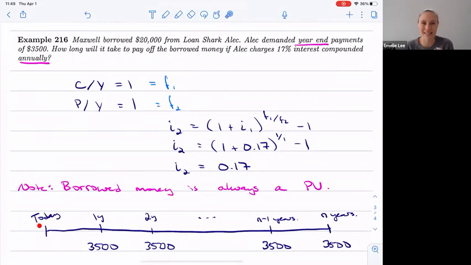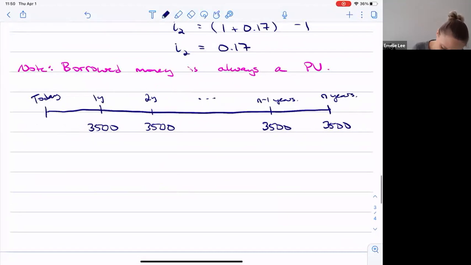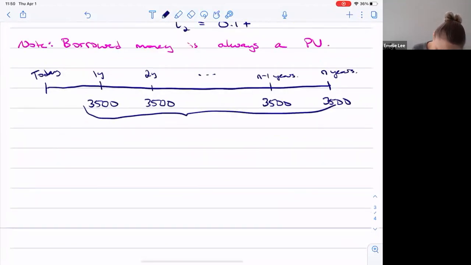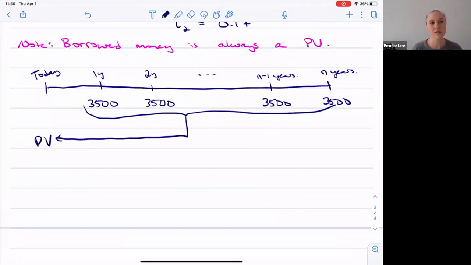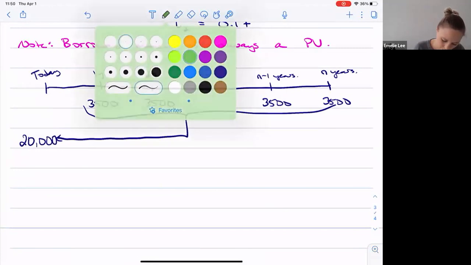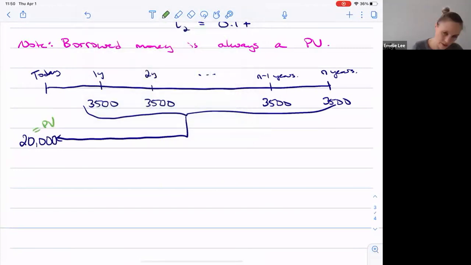Borrowed money is a present value because you're borrowing it today and then paying it off. So these payments funnel back to some present value, and I'll write 20,000 because that is the present value. And then here, I'll write n equals question mark because that's what I want to solve for.